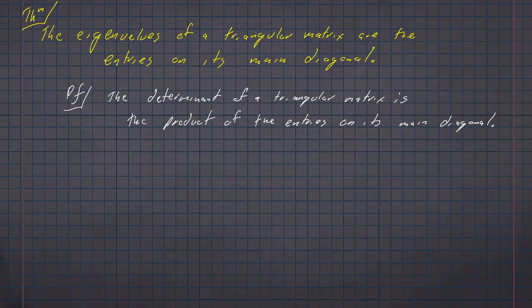That fact is that the determinant of a triangular matrix is the product of the entries on its main diagonal.